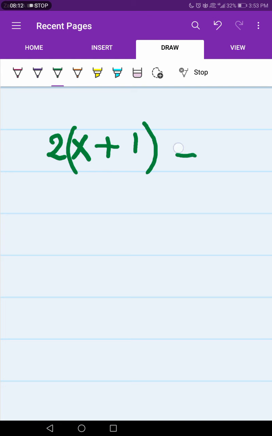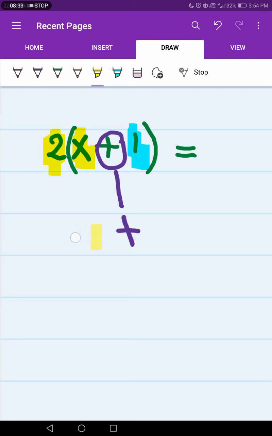Write the equivalent expression. The 2 will multiply by x, and then we multiply it by 1. I bring the plus down, and I have left and right.